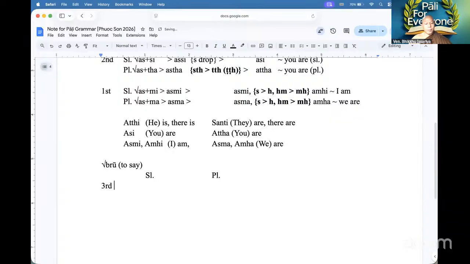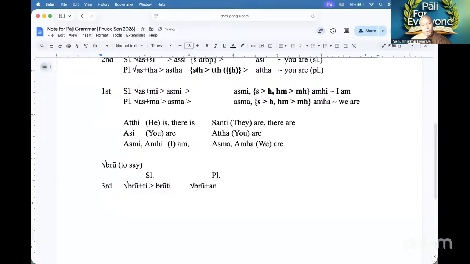In that base, the root is brew. After that, di. We don't need to do anything, just brew di.